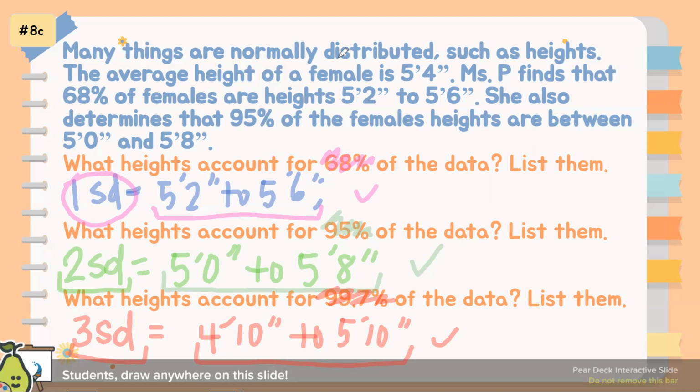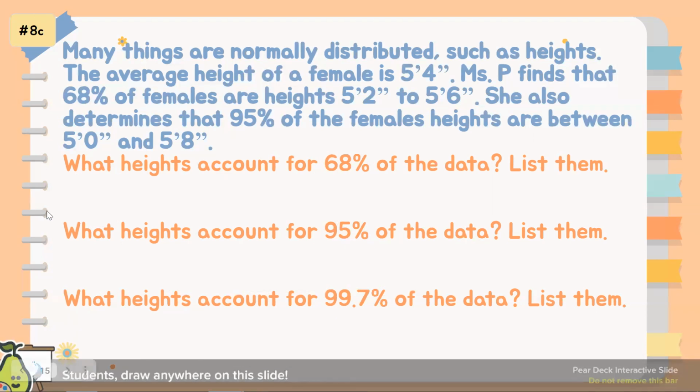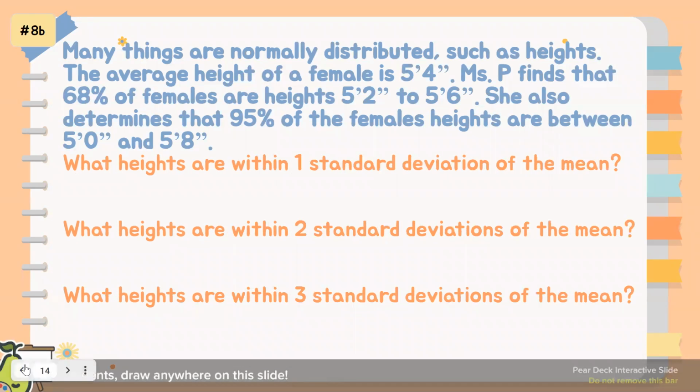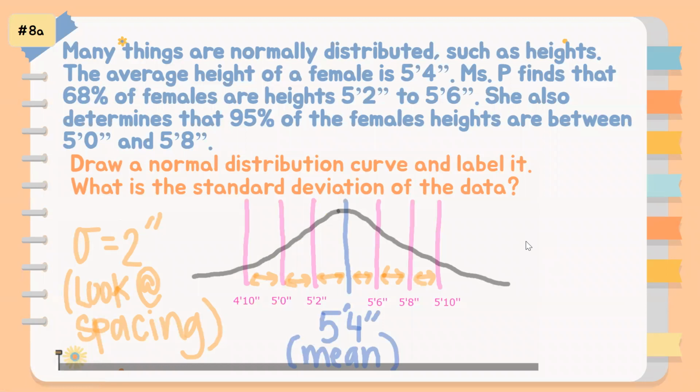So we really were just tying in this original picture right here to the normal distribution and the empirical rule. So right here, this first one was 68%. That's why we got 5'2" to 5'6".